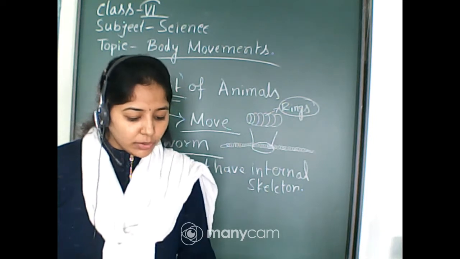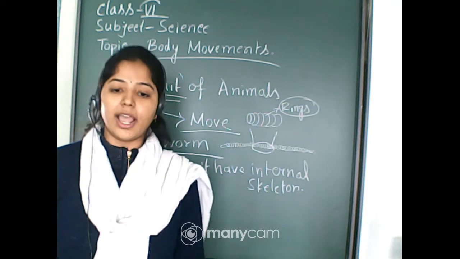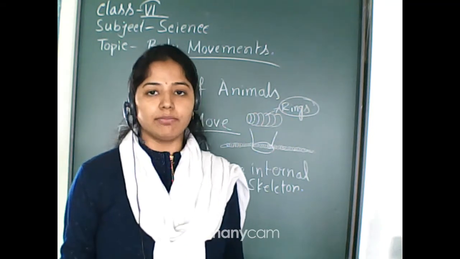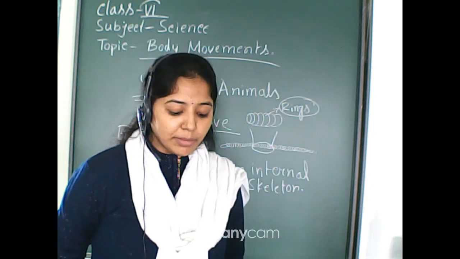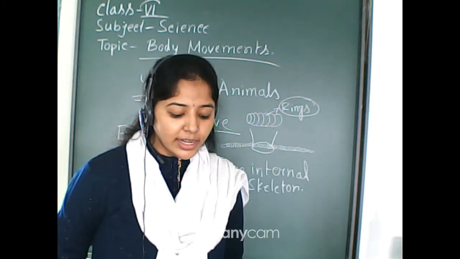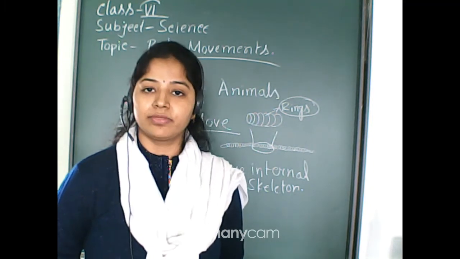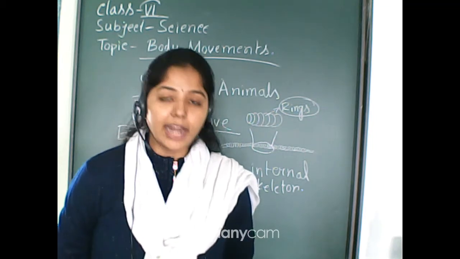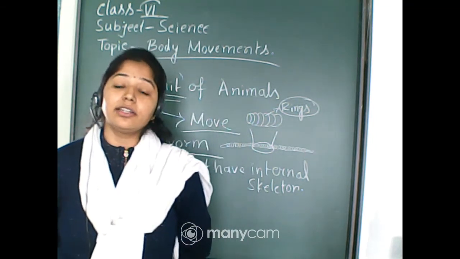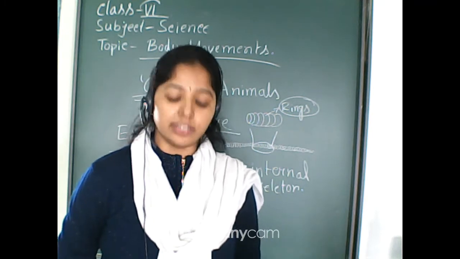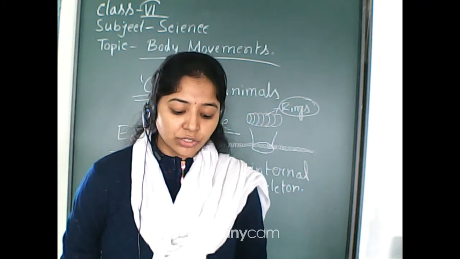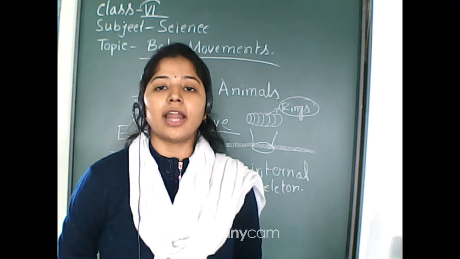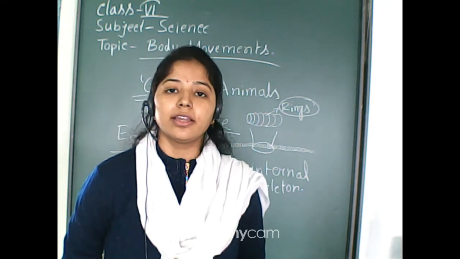Now an earthworm does not have bones also, as they do not have an internal skeleton, and it has muscles which help to extend and shorten the body. So the ring-like structure possesses some muscles. Those muscles are attached to the rings and help in extension and shortening of their body whenever they need.